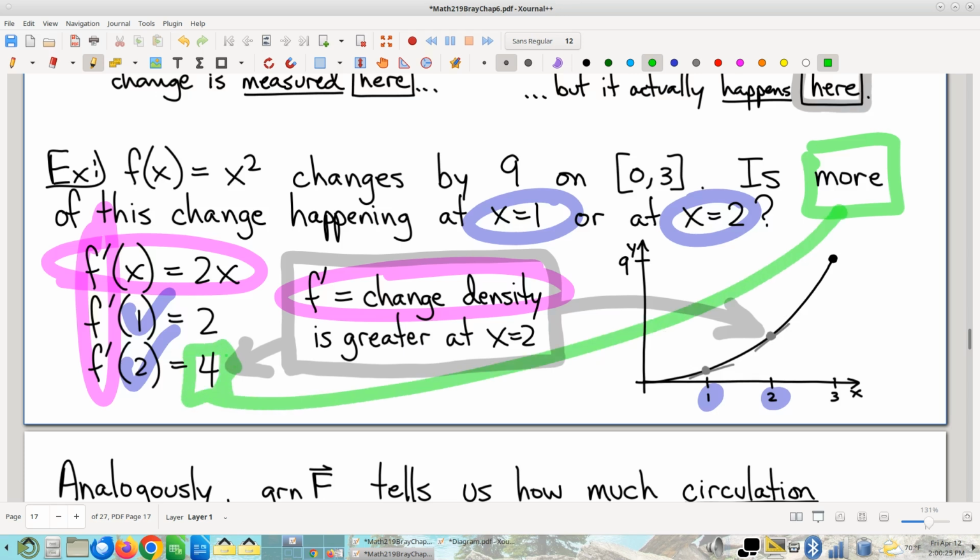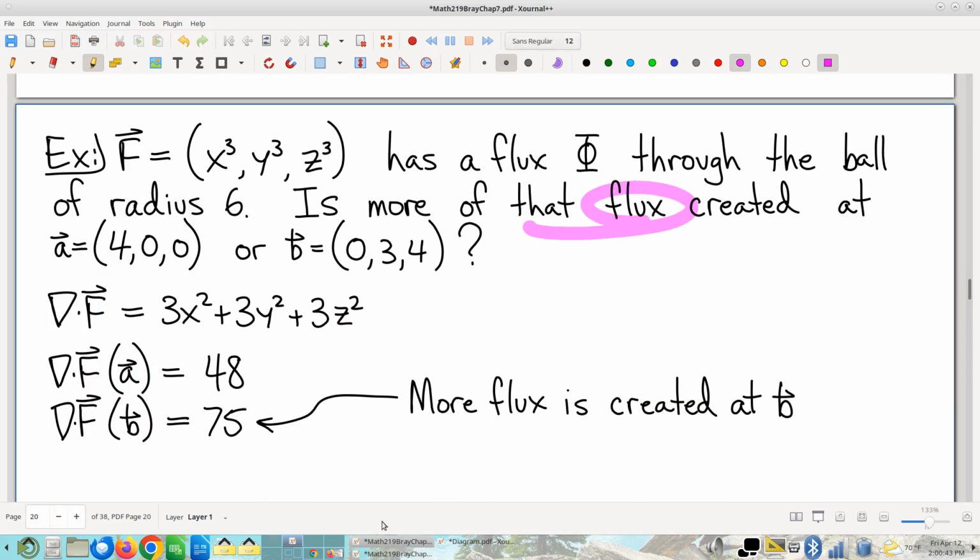Apparently more is happening at the point x equals 2, because 4 is more. So the density tells you where more of the stuff is. I think that is a very natural take. And so we're going to answer this question the exact same way. If you're interested in where the flux is coming from, look at the flux density.